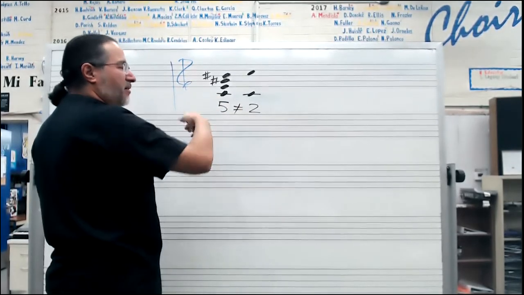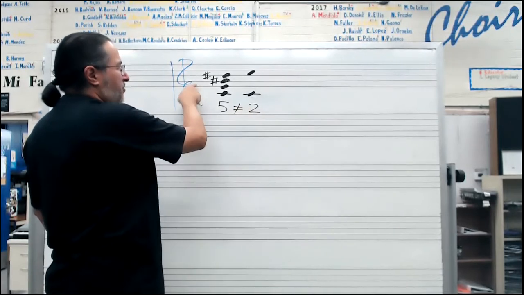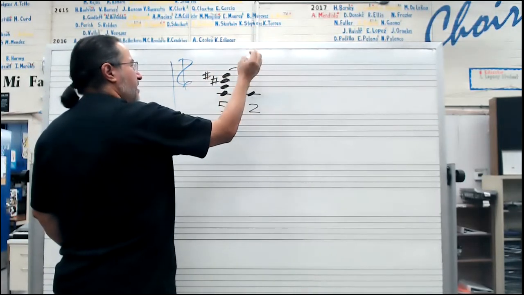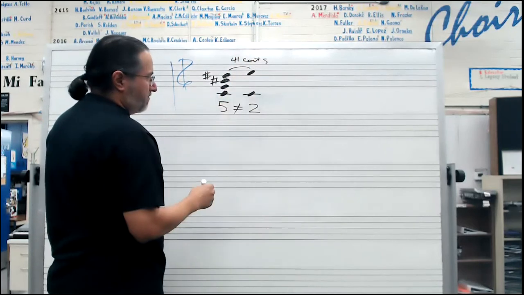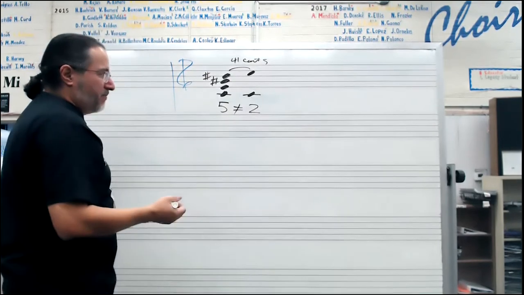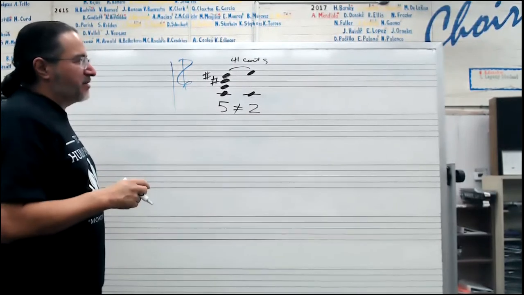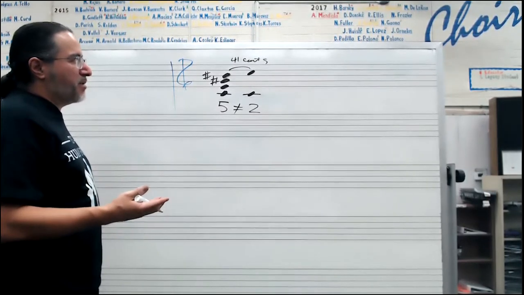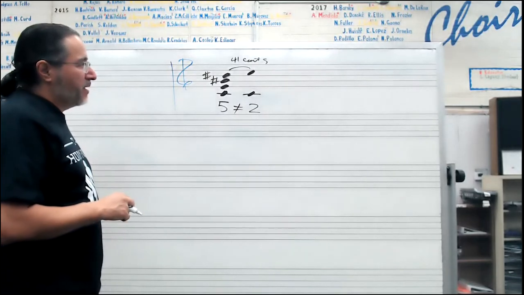Fifth partials are never going to equal the same as second partials. So this B sharp, the difference between this and this is about 41 or 42 cents. Each third is 14 cents off. So it ends up coming out to about 42 cents, 41, 42 cents.